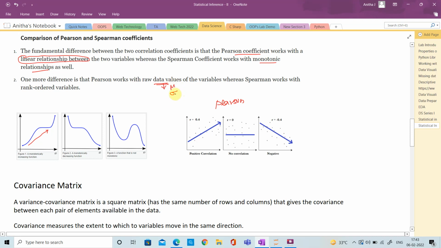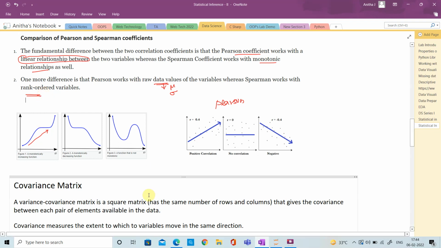So all these things we are calculating. But for Spearman, we are not working with the data, we are working with the rank of the corresponding data. So this gives you the information on how you can find the correlation between two variables.